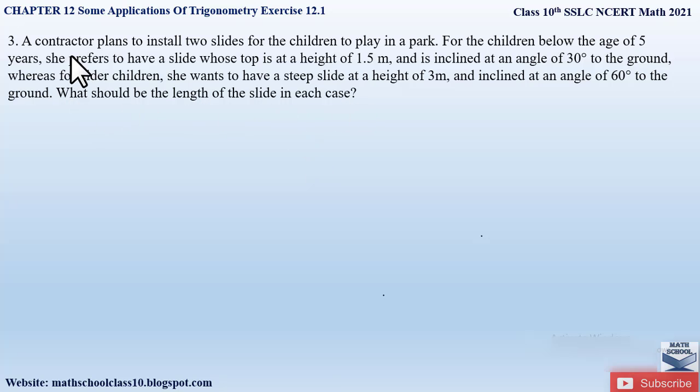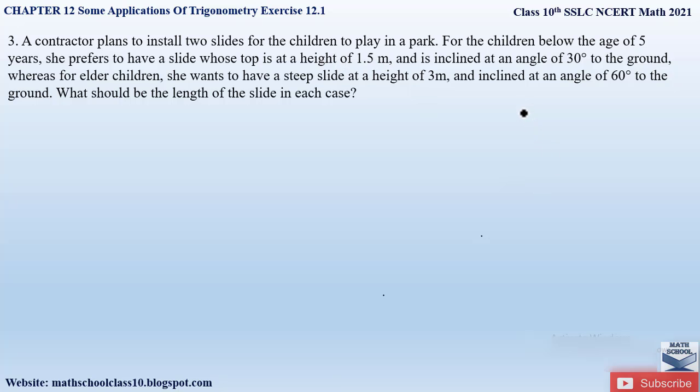So here we have a contractor and she wants to have 2 slides for children to play in a park. For children below 5 years of age, she prefers a slide whose top is at a height of 1.5 meter.